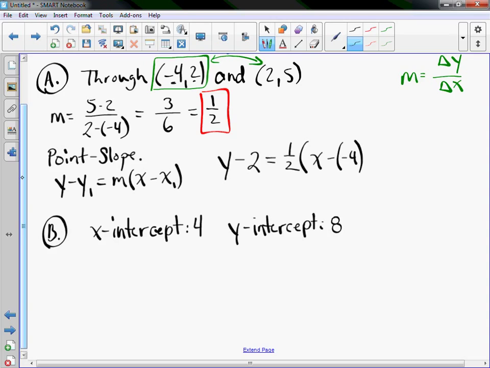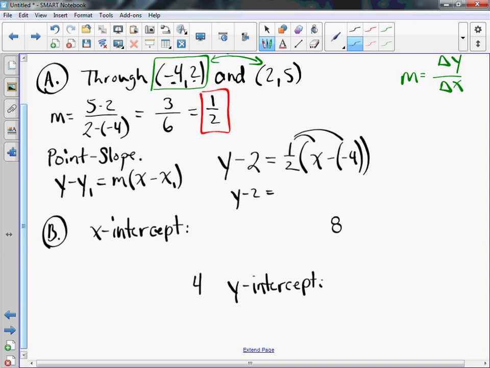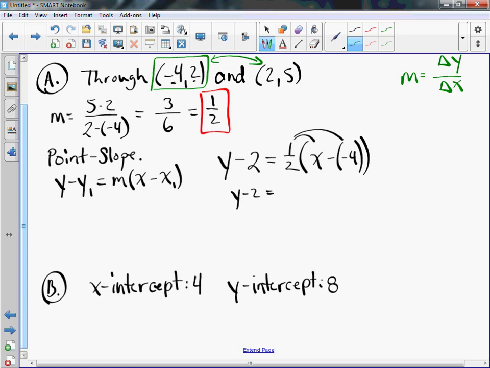And now all I have to do is solve it for y. That's going to take a little bit of distribution, and remember that minus a negative is plus. So we end up with y minus 2 equals 1/2 x plus 1/2 of 4, or 1/2 times 4 is 2.